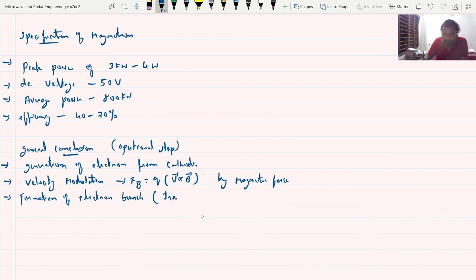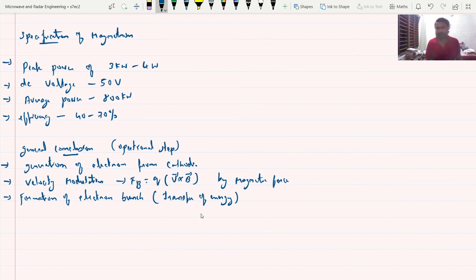At that time what is happening, transfer of energy, or reducing. Reducing in the sense means transferring, which means electron bunching. Formation of electron bunch is nothing but transfer of energy.